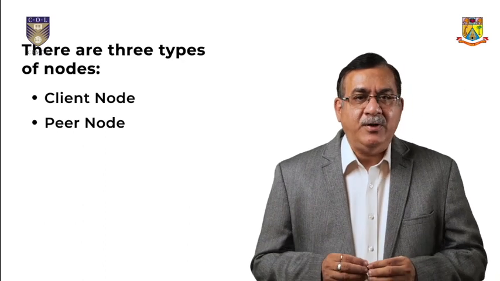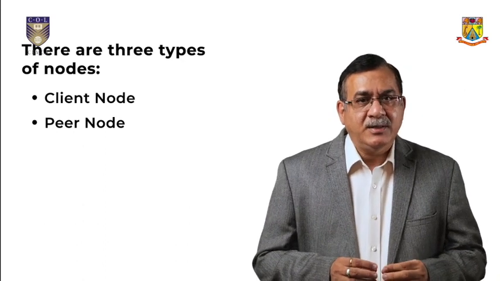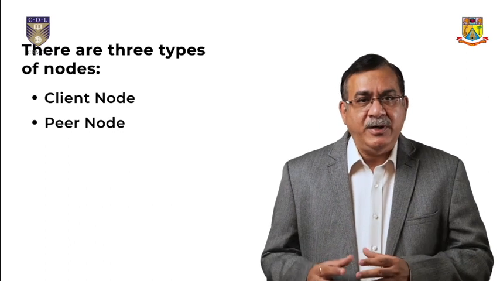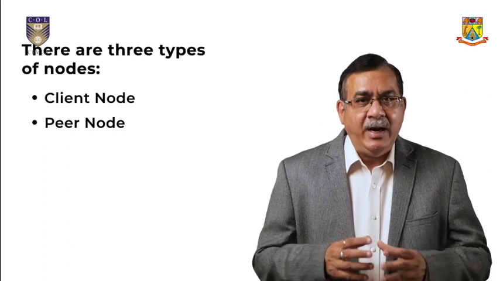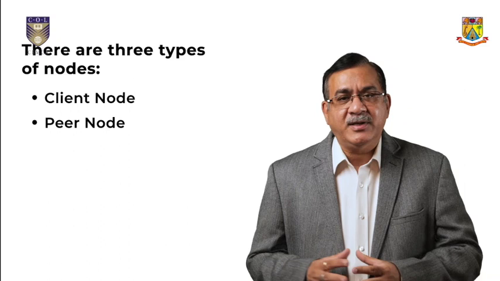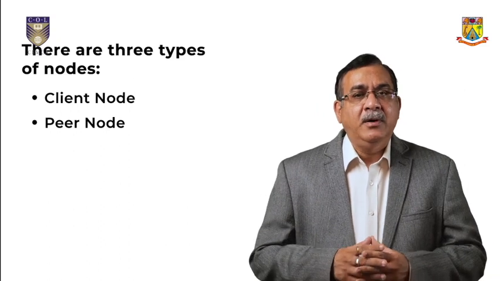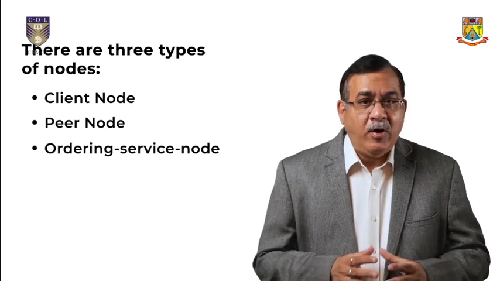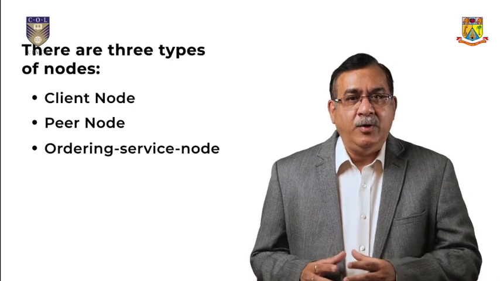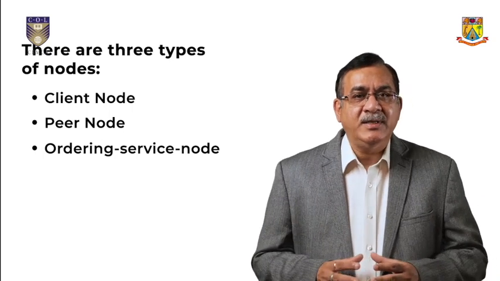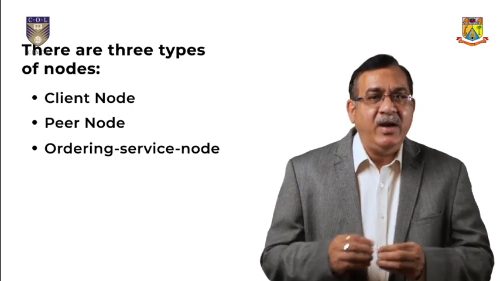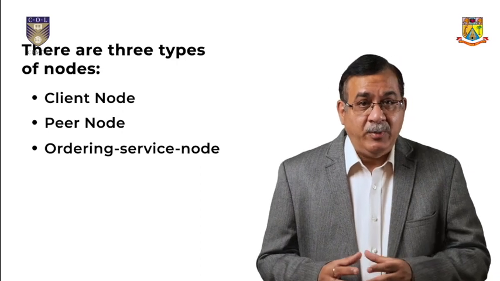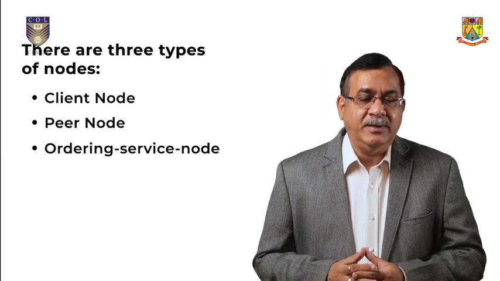The special function of an endorsing peer occurs with respect to a particular chaincode and consists in endorsing a transaction before it is committed. An ordering service node, or orderer, is a node running the communication service that implements a delivery guarantee, such as atomic or total order broadcast.